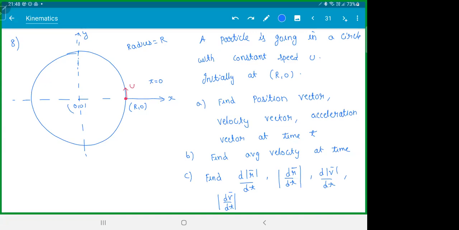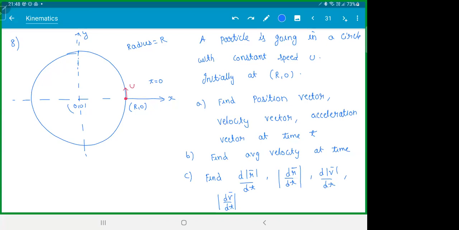Pratyush, check your i cap. That is wrong. Minus sign matters. No, position vector, you're right. I thought it was the velocity vector. Aryan, answers. We have one answer so far. Position vector is easy. Once you get the position vector, you can differentiate, get the velocity vector. Differentiate again, you get the acceleration vector.